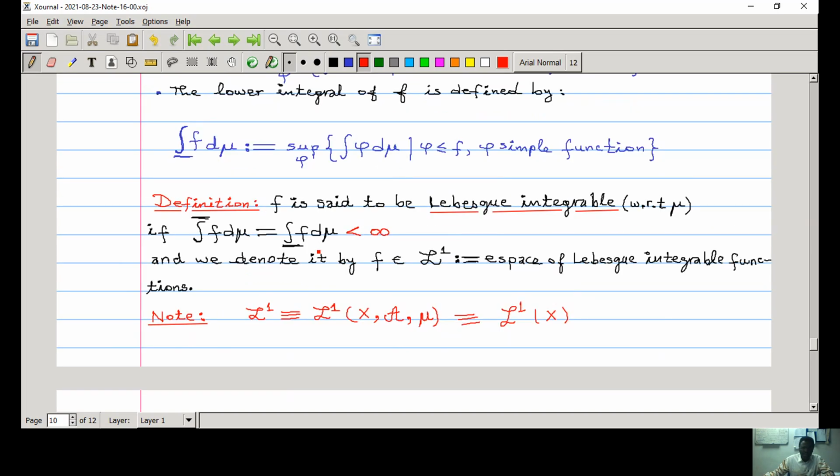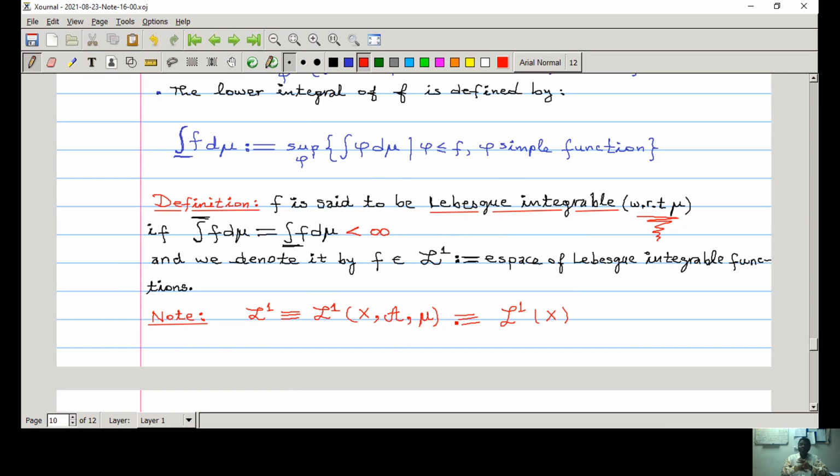I think maybe I wrote it, but I did not stress on it. Oh, okay, it's here. I forgot to stress on this. When we say Lebesgue integrable, it is with respect to a measure, right? And that measure is the one that I indicated here by mu. That measure is not necessarily the Lebesgue measure. When we talk about Lebesgue measure, that will be in a particular setting.